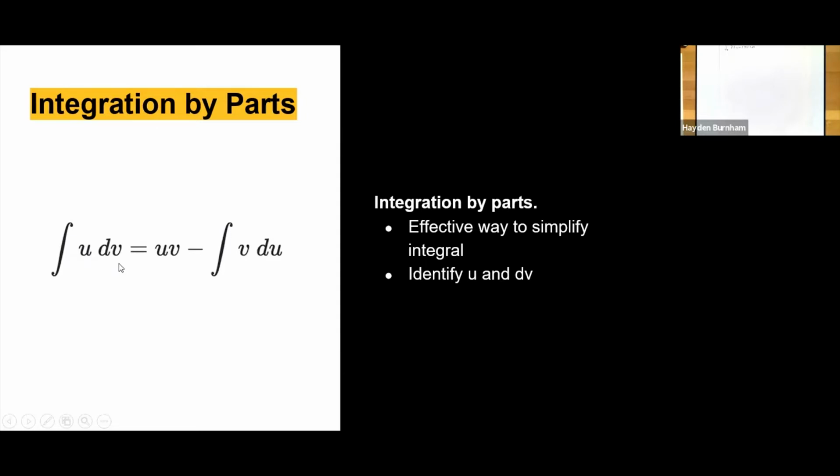It's up to you to choose which one's u and which one's dv. With some integrals it matters which one you choose, and with others it doesn't, but you have to be aware of that. You follow the formula that you set up to integrate the equation, and hopefully the goal is to turn it into an easier setup to integrate and get a solution.